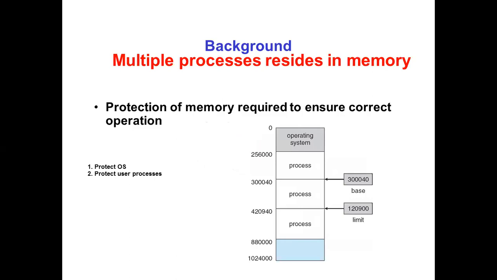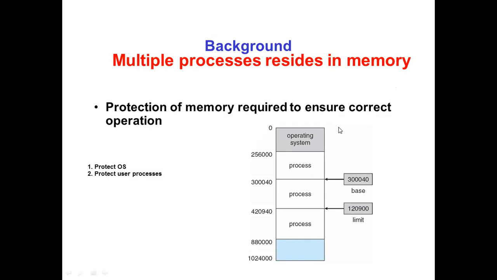Now again, you can see the background. If multiple processes reside in the memory, then whenever we consider this discussion, it must be related to the RAM, random access memory. Here you can see the block diagram for the random access memory. Multiple processes reside in memory, so protection of memory is required to ensure correct operation.